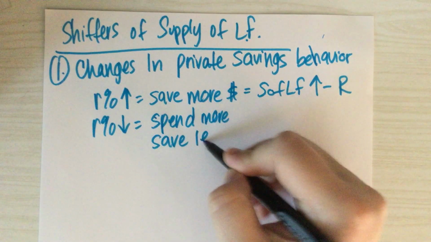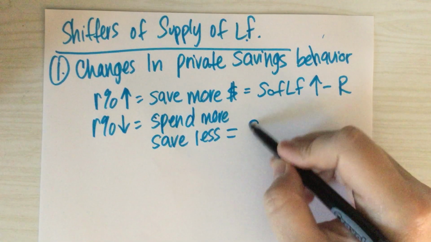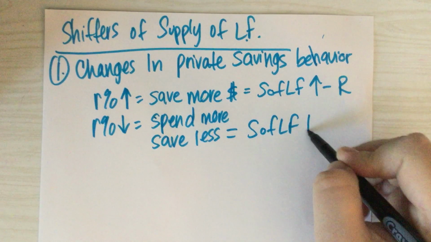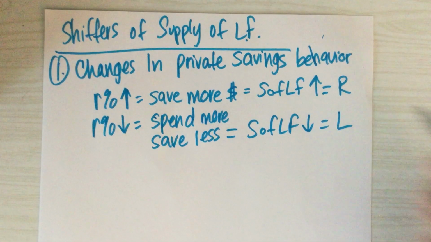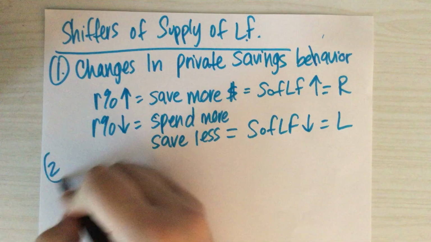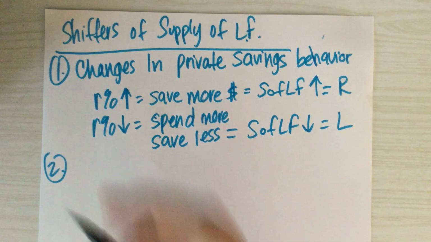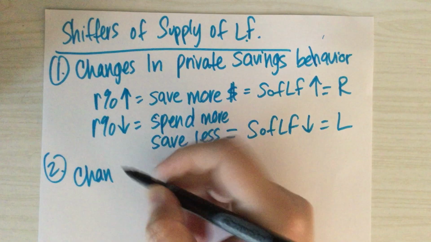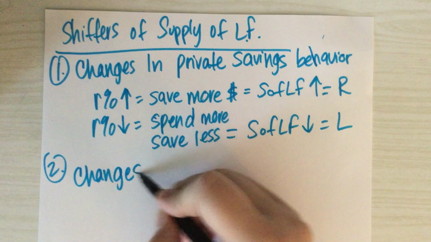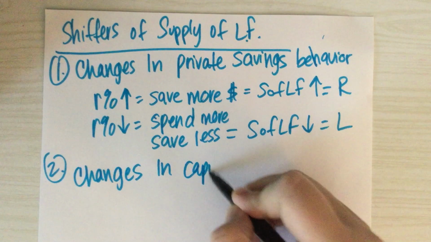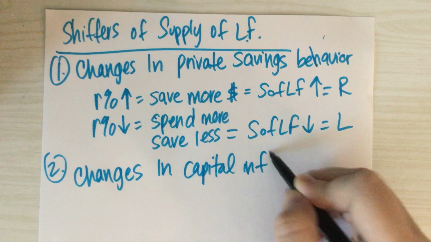And if we are saving less, then the supply of loanable funds is going to go down and shift to the left. And so then it'll affect the real interest rate accordingly. And we'll go over some examples a little bit later. Okay, the second shifter of the supply of loanable funds is changes in capital inflow.